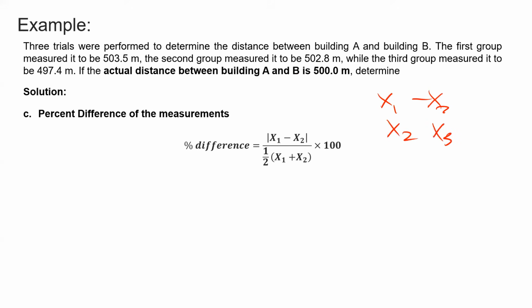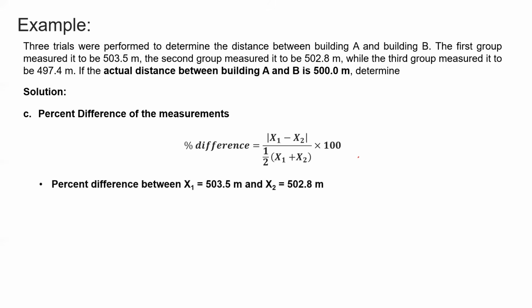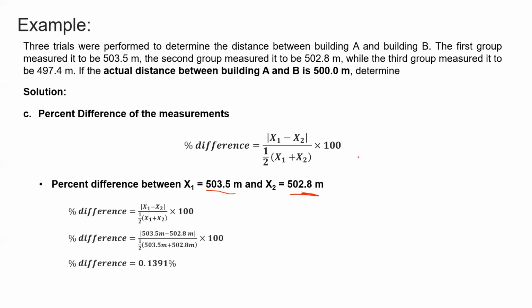So between any two obtained measurements or experimental values in your data set. So again, ang tawag dito, formula for percent difference. Ang kinuha ko dito is yung x1 and then x2, wherein ito yung obtained values natin kanina. So by substituting it to our equation, yan yung makukuha natin na value.